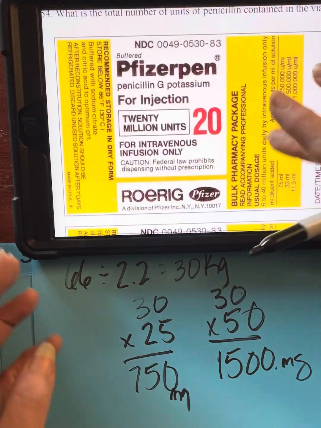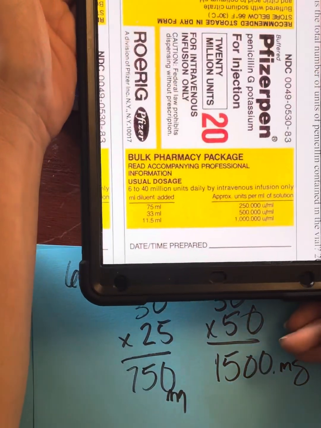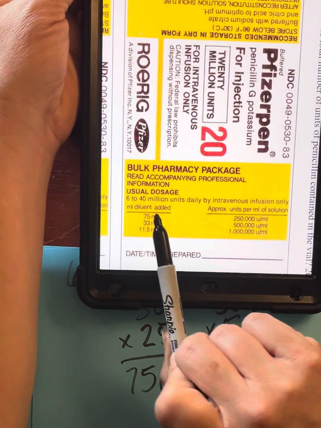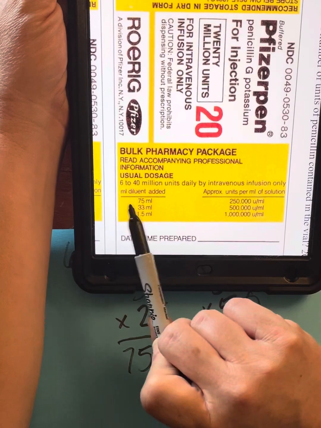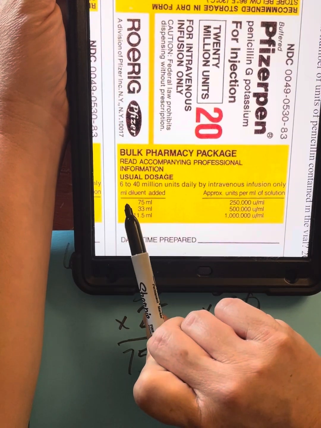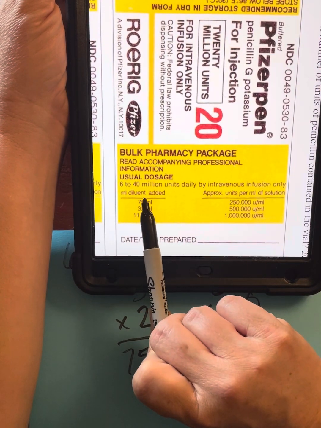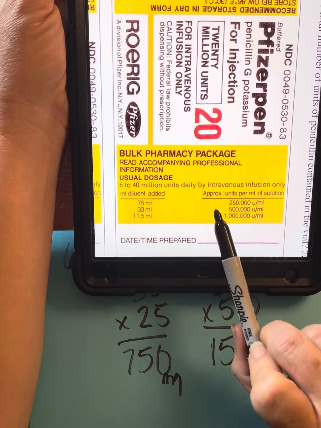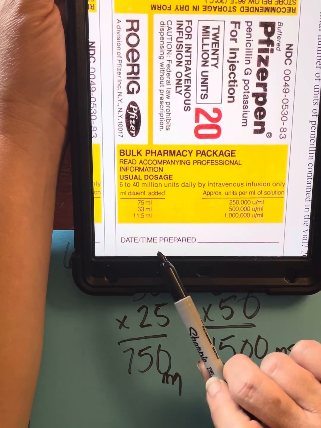Let's turn this sideways. So you've got to come over here and be familiar with this. Read the company information. Usual dose is 6 to 40 million units daily by intravenous solution only.